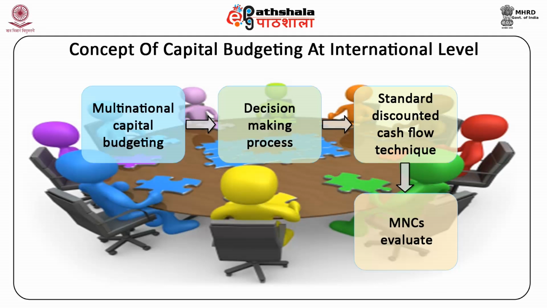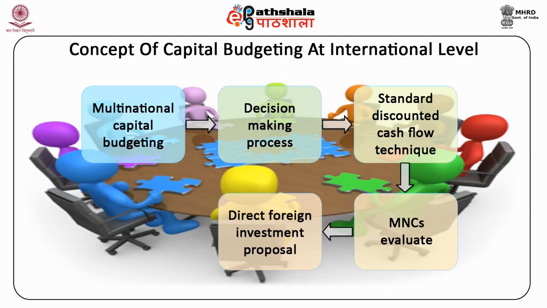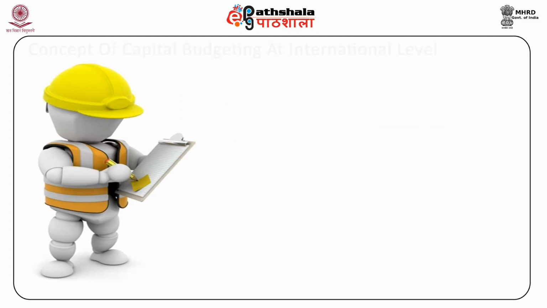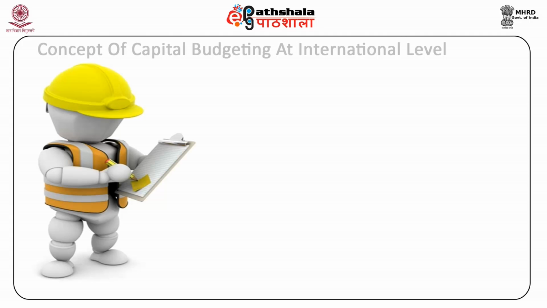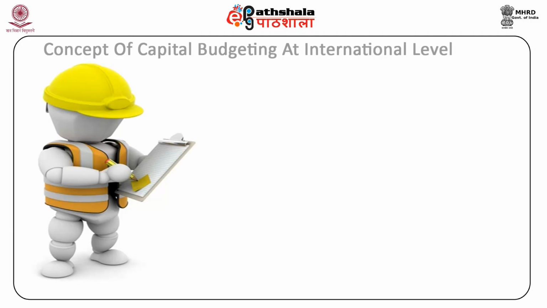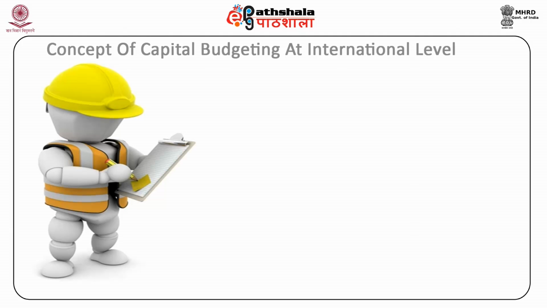MNCs evaluate a direct foreign investment proposal using the capital budgeting process, but this is different from domestic capital budgeting. Once a firm has compiled a list of prospective investments, the next objective is to select that combination of projects that maximizes the company's value to its shareholders.